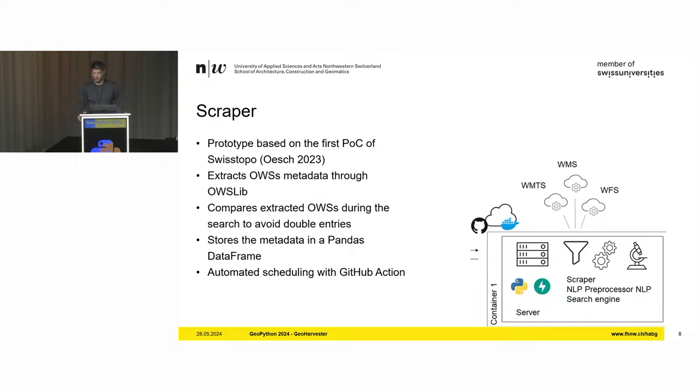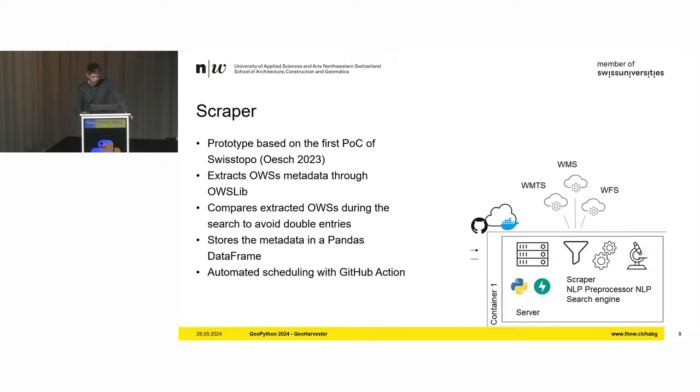Of course, it's geodata, but it's just metadata, so a pandas data frame is enough. And we automated the whole process with a GitHub action. So on a GitHub repository, there's the possibility to automate everything.